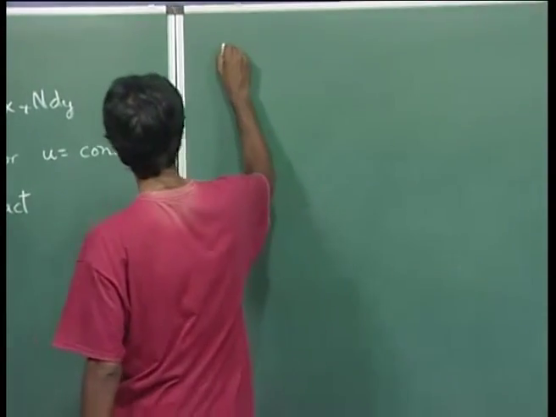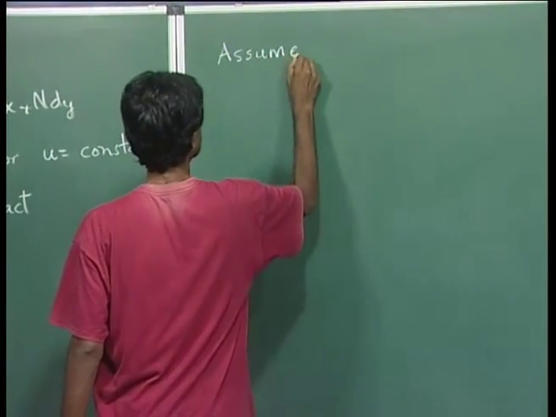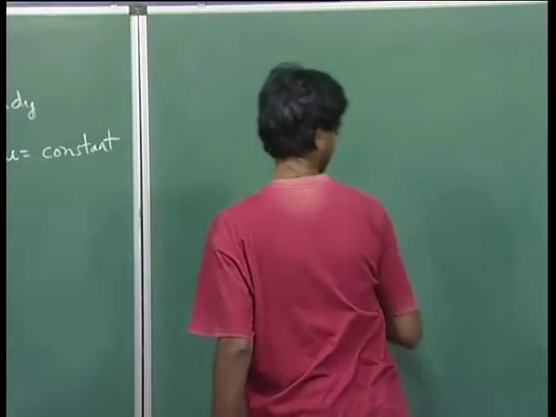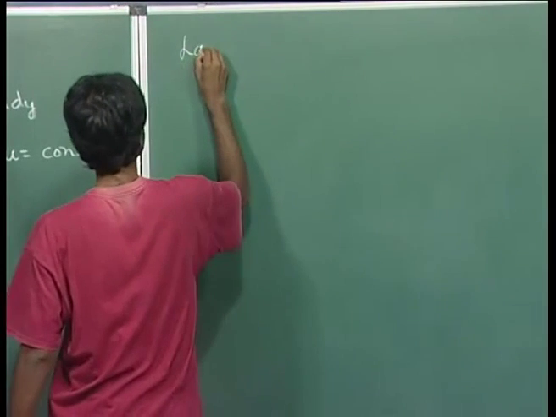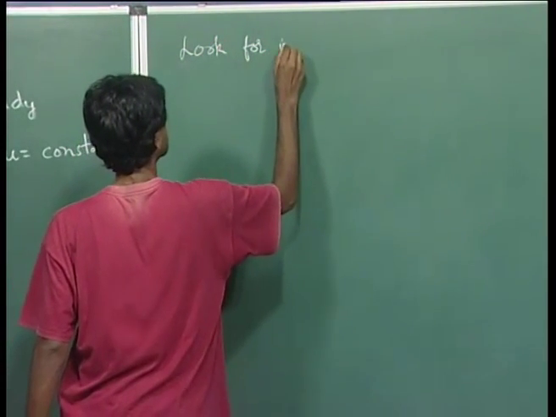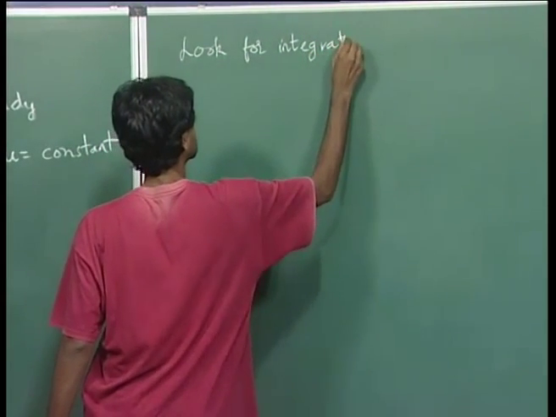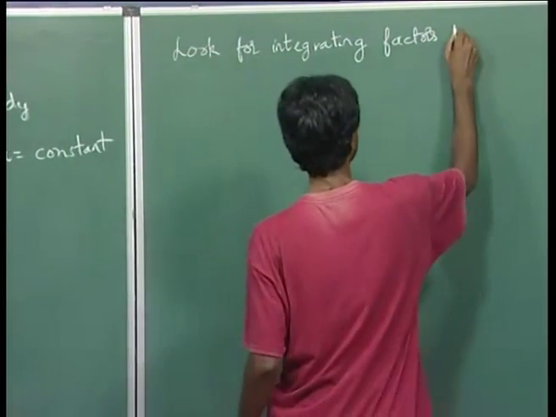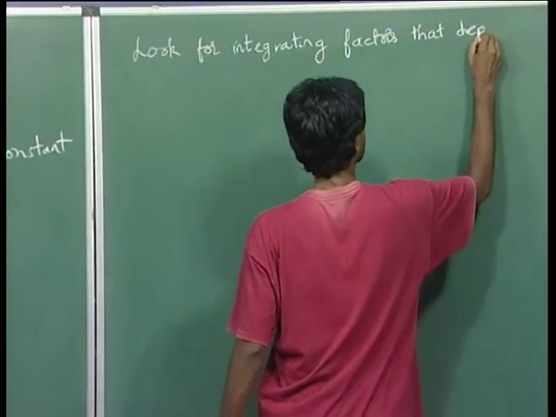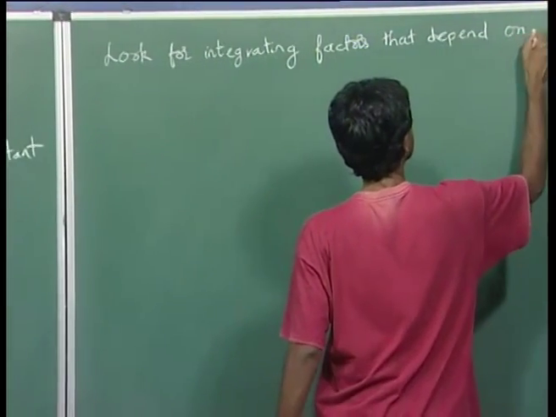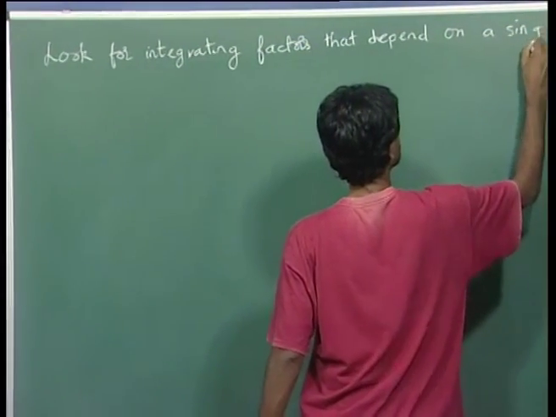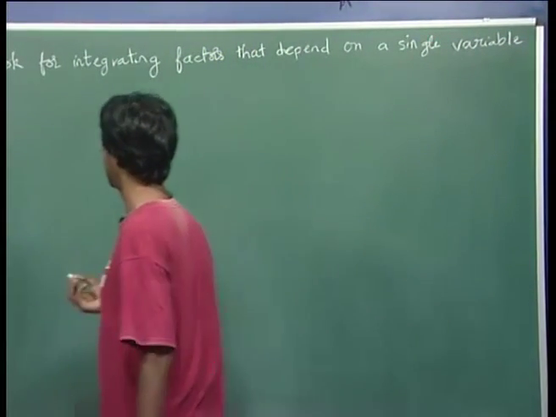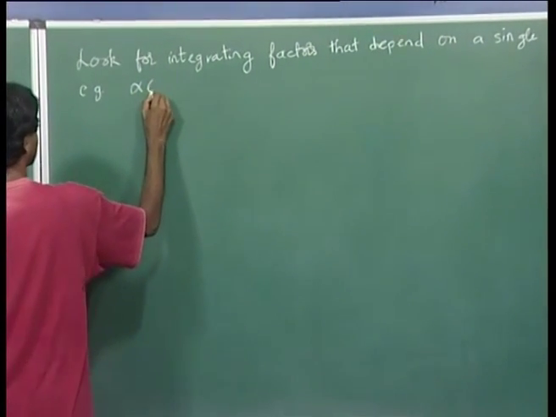So we look for integrating factors that depend on a single variable, for example, alpha of x.